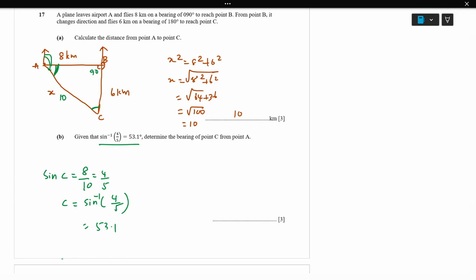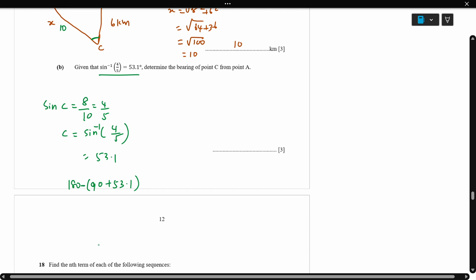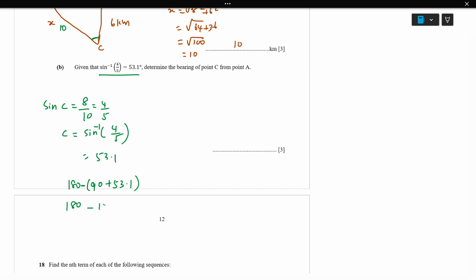So the required angle is going to be 180 minus 90 plus 53.1, which is equal to 180 minus 143.1, which is 36.9.